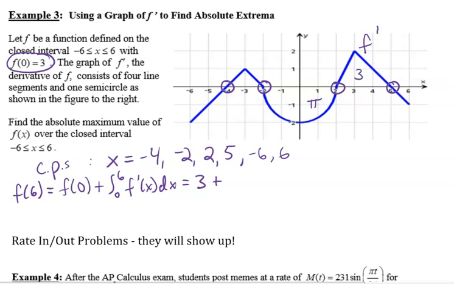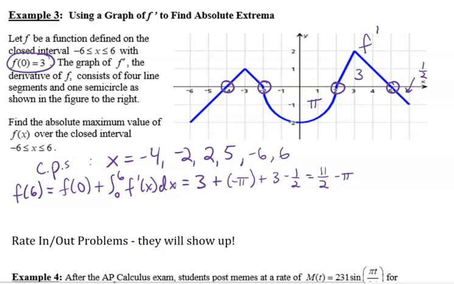But then this right here has an area of 1/2. So we're going to do 3 plus, and then here we've got negative pi plus 3 minus 1/2, which is 6 minus 1/2, would be 11/2 minus pi. Okay, that's f of 6.